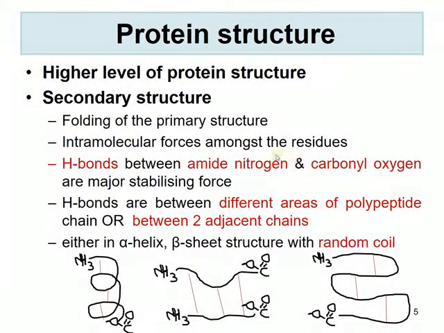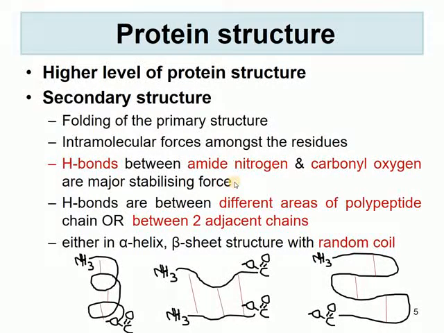So when the polypeptides are folding, it's due to the hydrogen bond that forms between them. And that hydrogen bond forms between the amide nitrogen and the carbonyl oxygen. So that's the hydrogen bonding that takes place there.